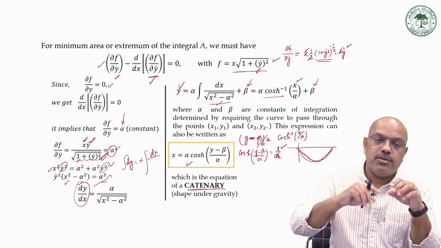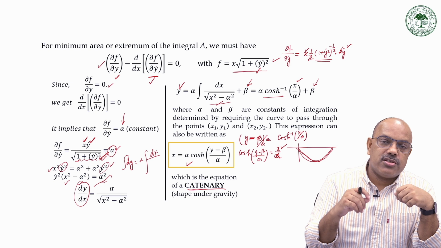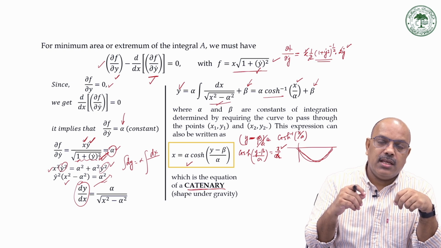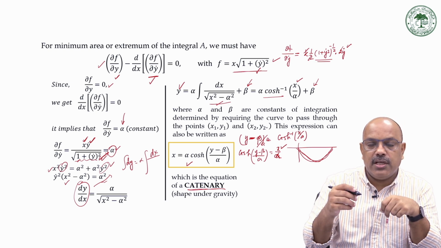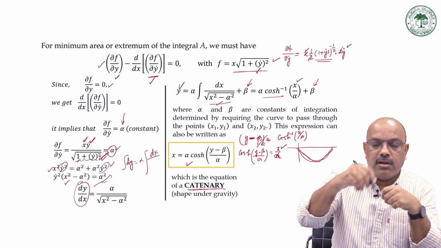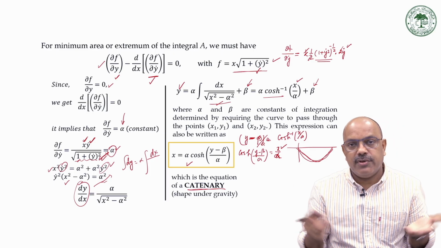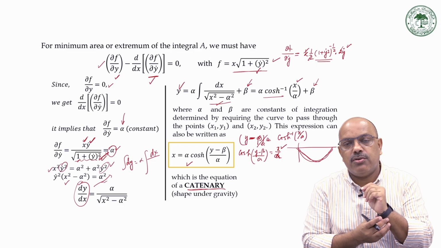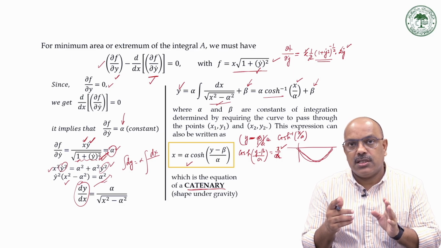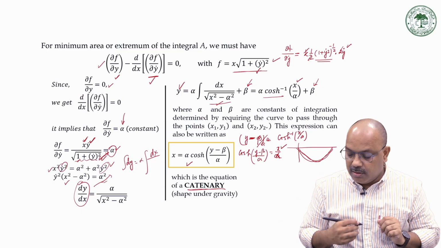When you have two points on a surface, and you draw a certain curve and rotate it along the axis, the minimum surface it is going to follow is because of the catenary curve.